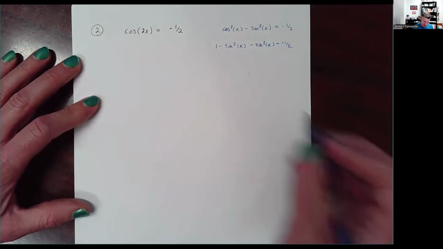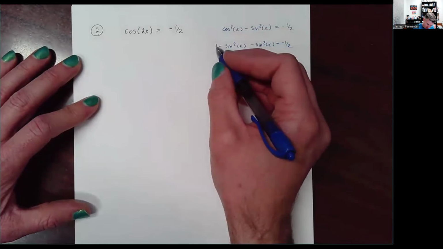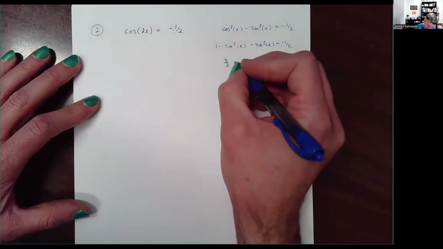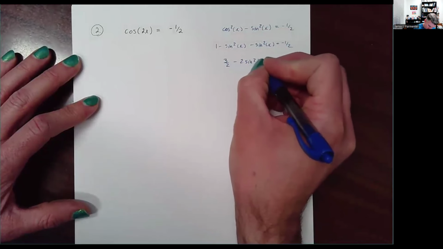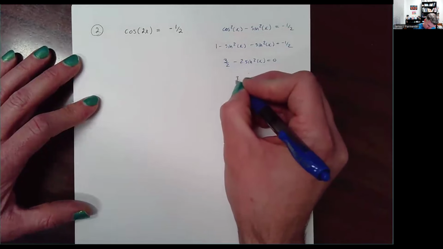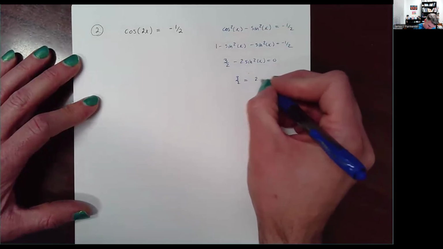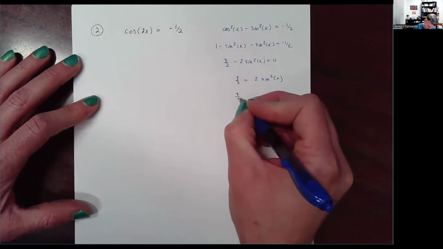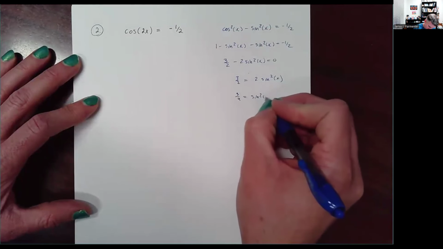That doesn't seem great. Let's add 1/2 here, so 3/2 minus 2 sine squared x equals 0. Add that over there, so 3/2 equals 2 sine squared x. So then 3/4 equals sine squared x.